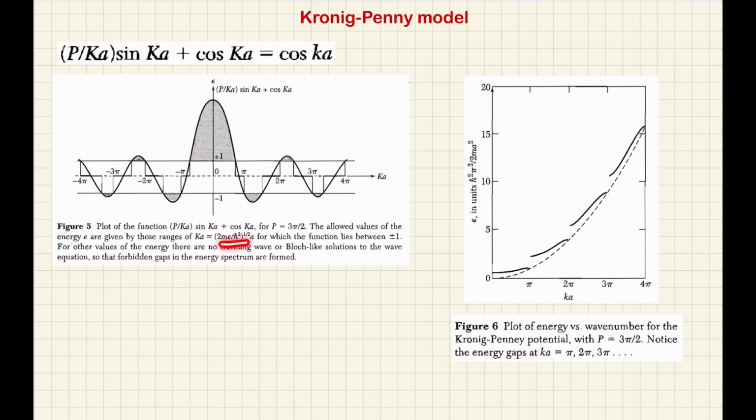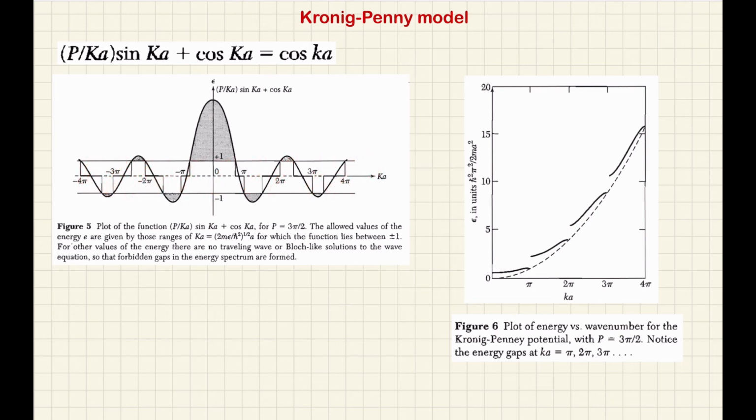You can derive this from the energy expression E is equal to h cross square k square by 2m. If you put this limit, the allowed values are those for which the value of the function lies between plus or minus 1. So this regime is the allowed values of k.